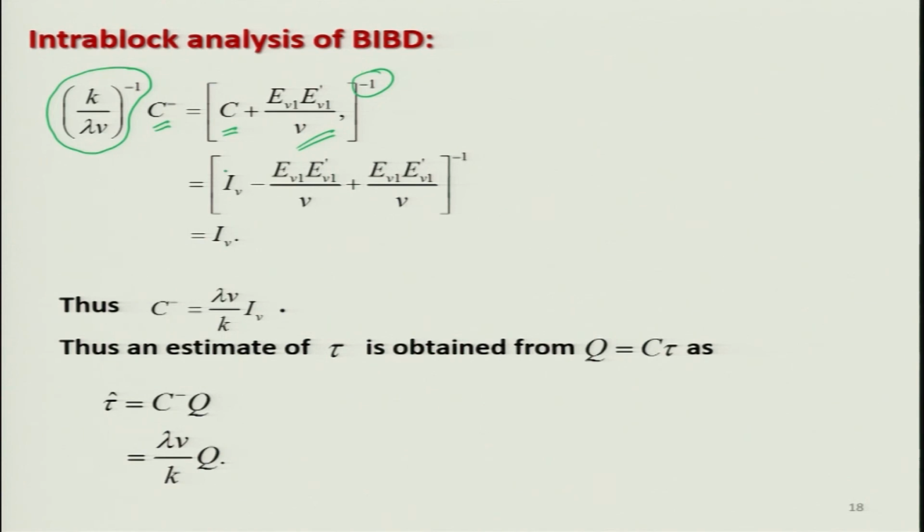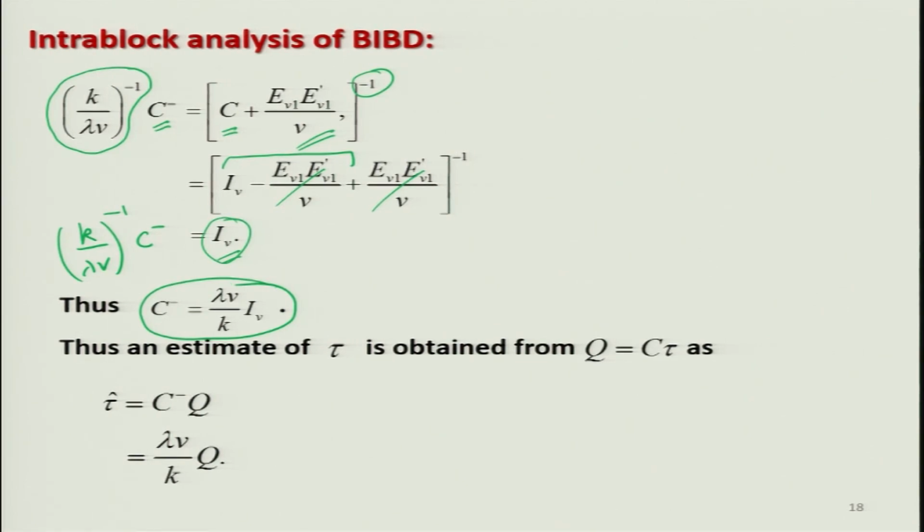Now I substitute the value of C that we have just obtained, and you can see that this term and this term get cancelled out, and then you have IV whole inverse, which is equal to IV, because the inverse of an identity matrix is an identity matrix. So I can write K upon lambda V whole inverse into C generalized inverse equal to IV, and hence the generalized inverse of C is given by lambda V upon K into IV.